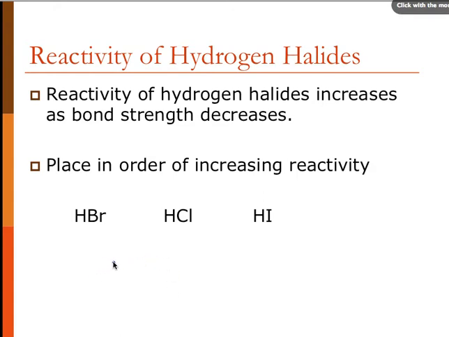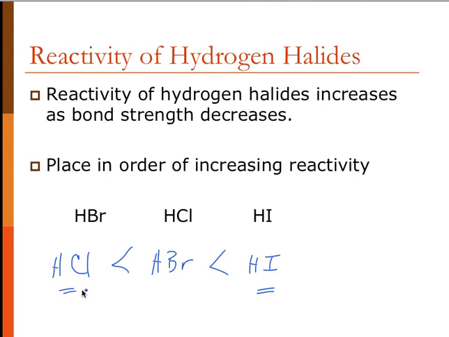Okay, in order of increasing reactivity, since the strength of the bond will be weakest for HI and strongest for HCl, the reactivity increases basically as the halogen gets larger, making a weaker bond.